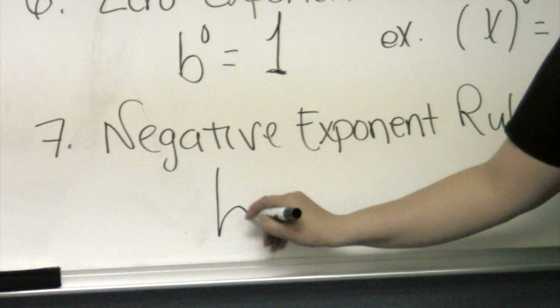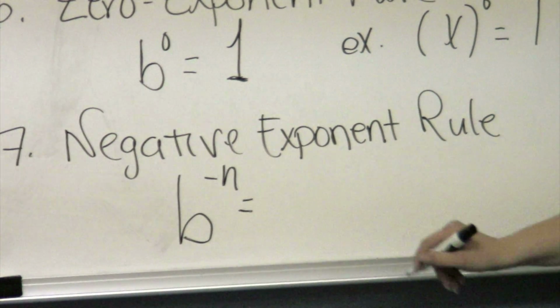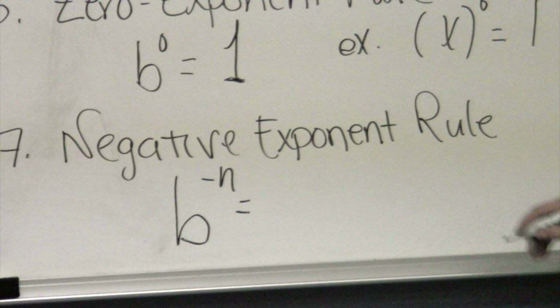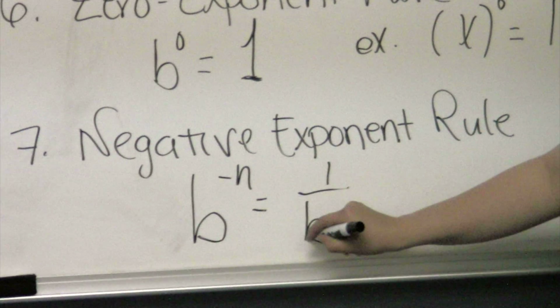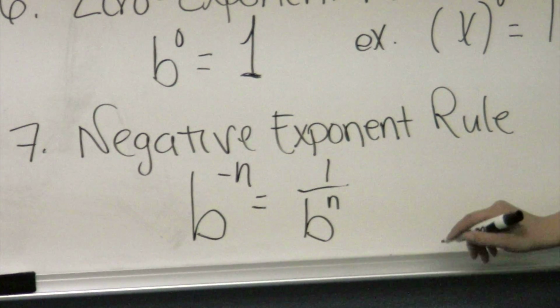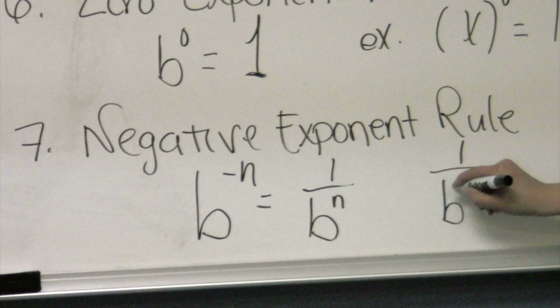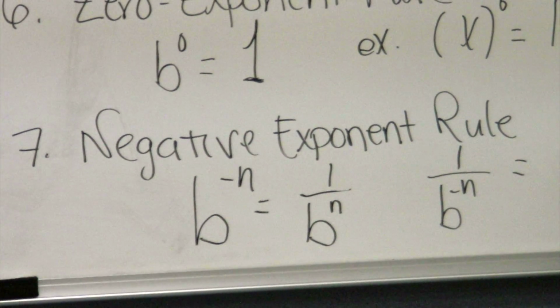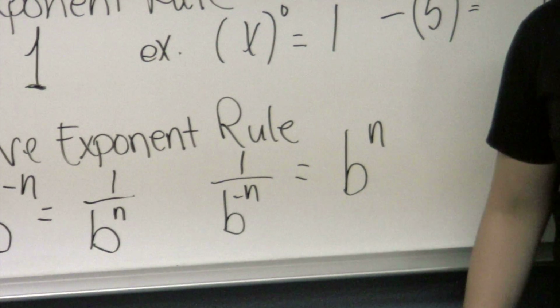Okay? Number 7, we have the negative exponent rule. Every time you have a number with a negative exponent, you will have to use the reciprocal. Okay? So the answer here, 1 over b to the n power. Now, if the negative exponent is in the denominator, you move the base to the numerator.